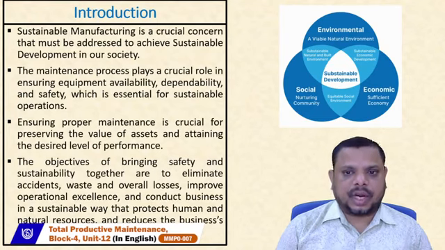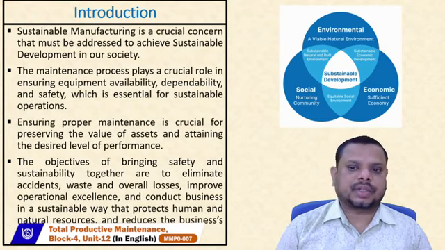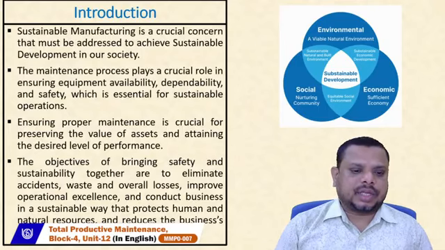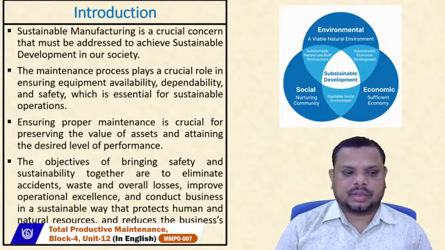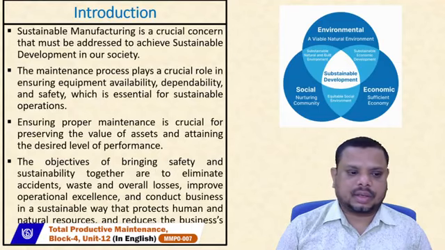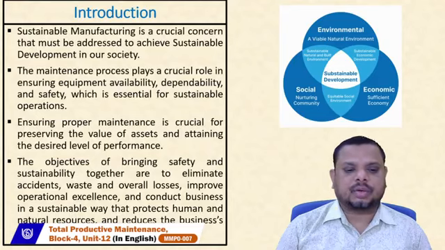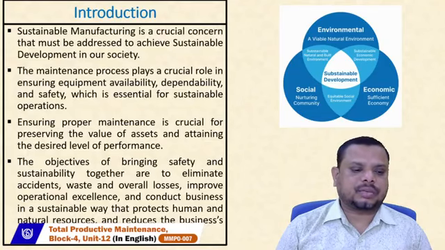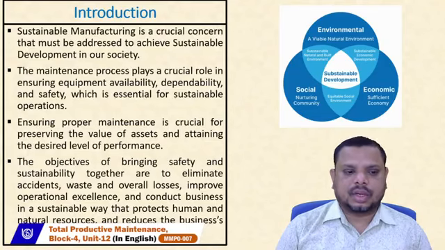The objective behind sustainable manufacturing is that they are bringing higher safety and sustainability together to eliminate accidents, waste and overall losses, improve operational excellence, and conduct business in a sustainable way to protect humans and natural resources, as well as reduce the business environment footprint.